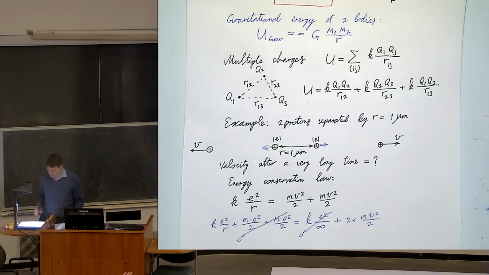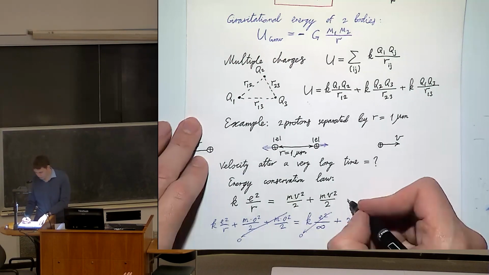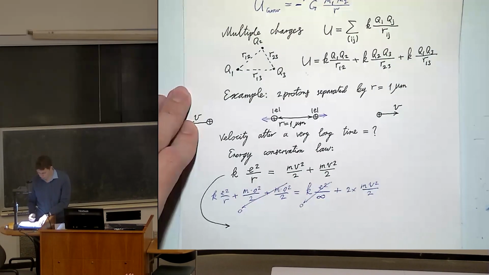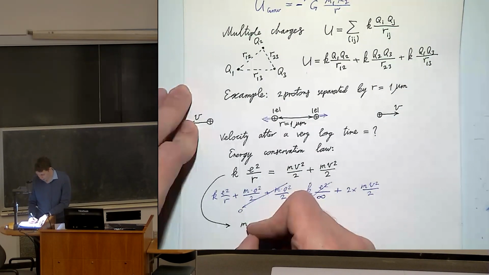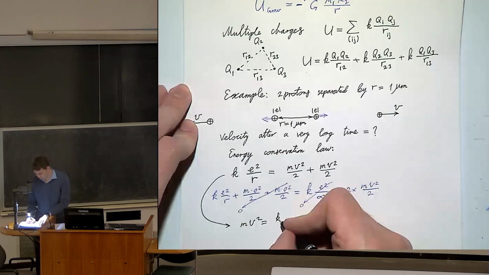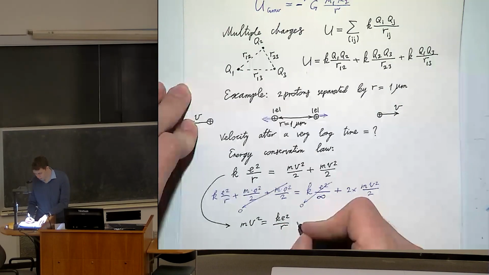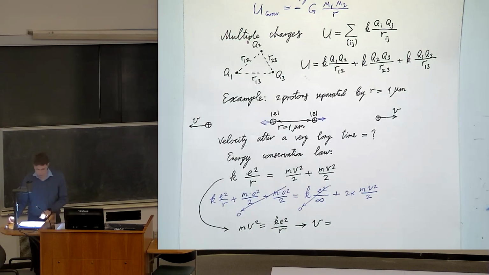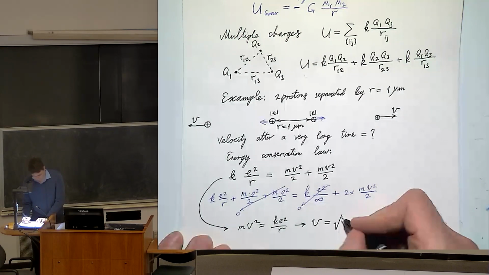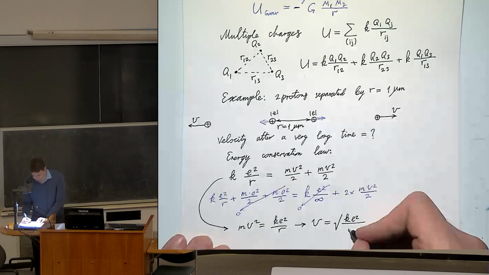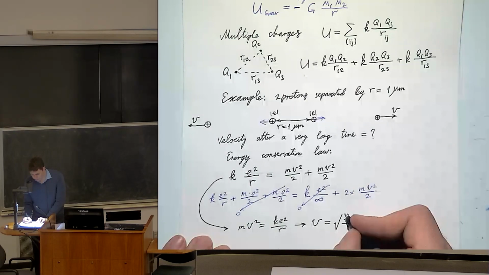And from this equation, mv squared equals Ke squared over R, and we find the velocity in the form v equals the square root of Ke squared over Rm.